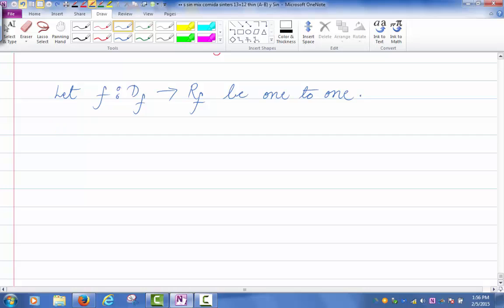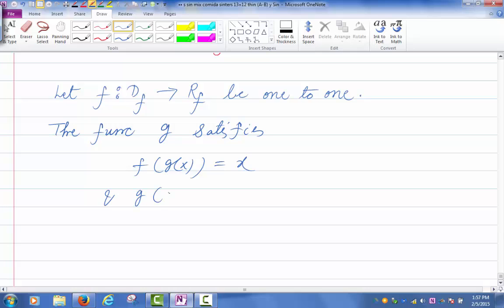The function g satisfies f of g of x equals x, and g of f of x is equal to x.